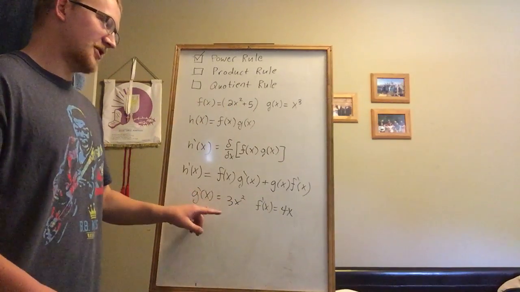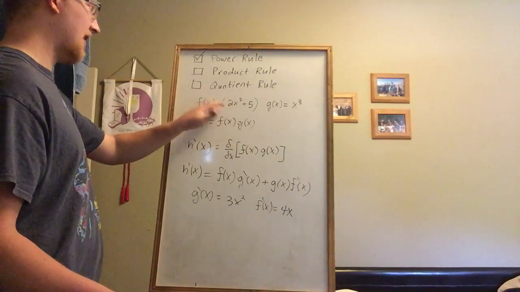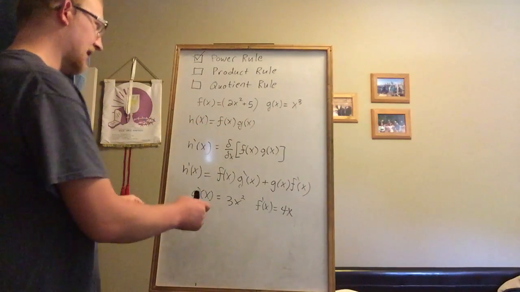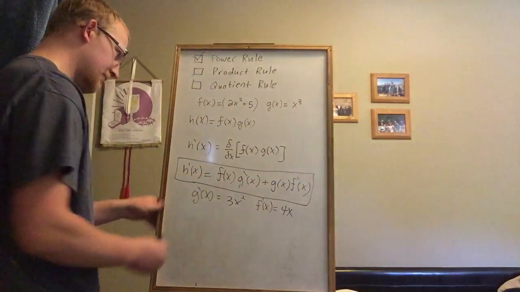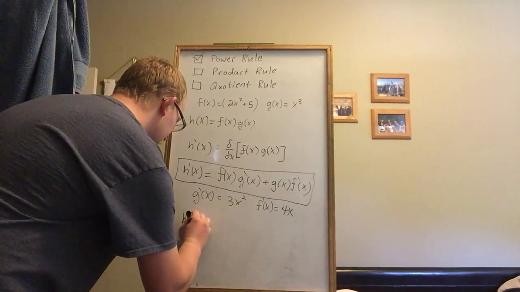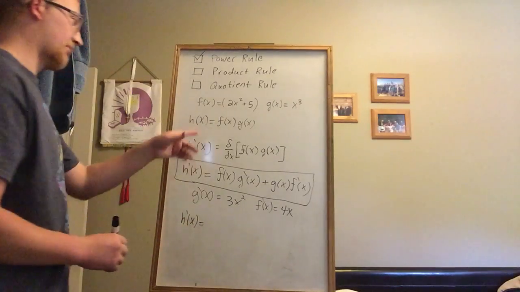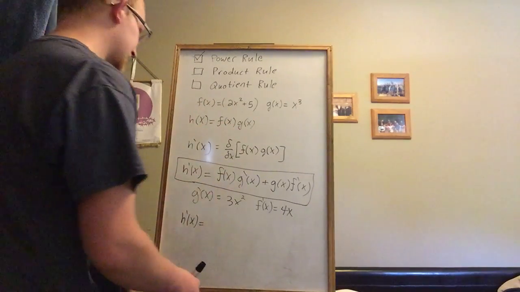And now that we have our g prime of x and our f prime of x, as well as our f of x and g of x, we can now plug it in to the product rule to find our derivative of h of x, which is the product of f of x and g of x. So we plug in things where they go.